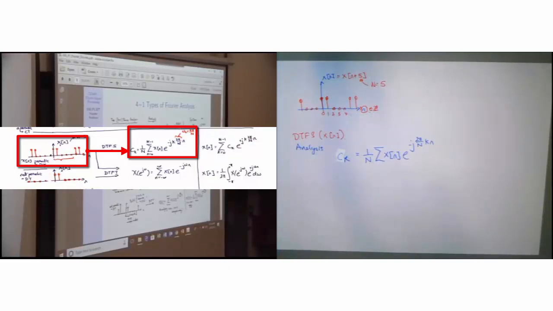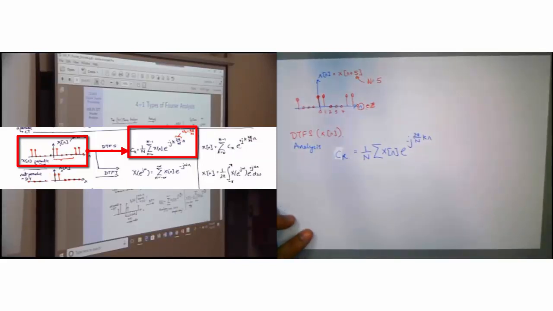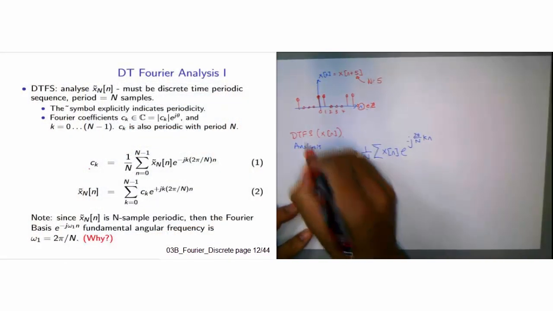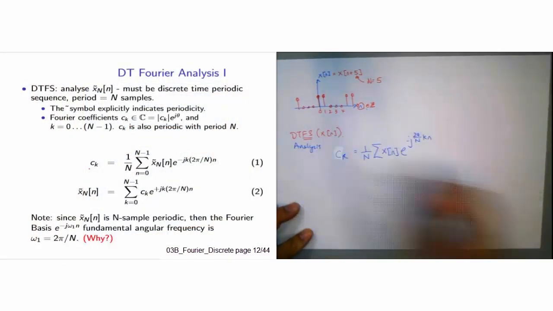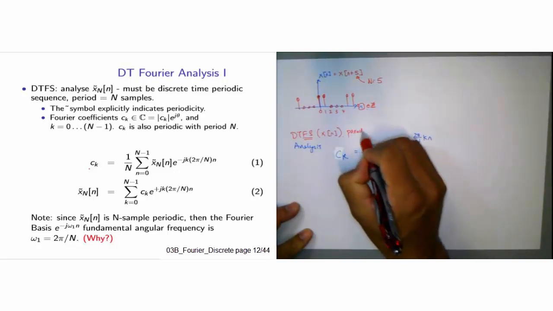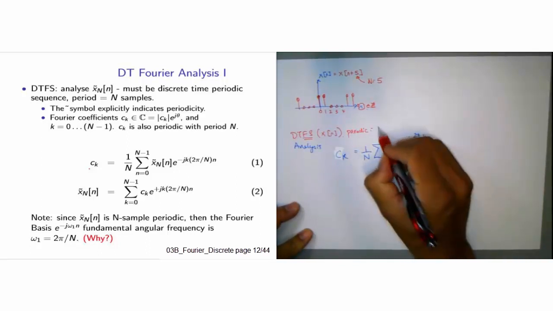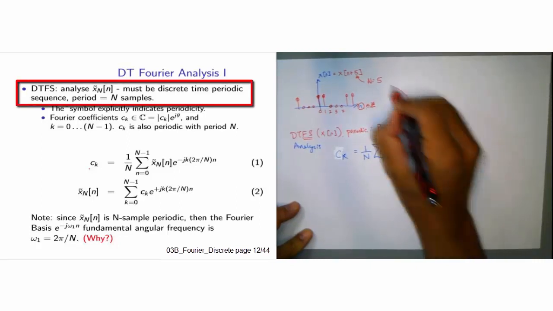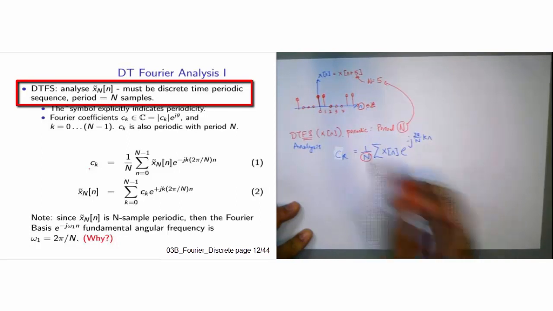And what's the important take-home message? The analysis of Fourier series means I know that our friend here is periodic. I will make use of the period N here, and N is made use of in here.